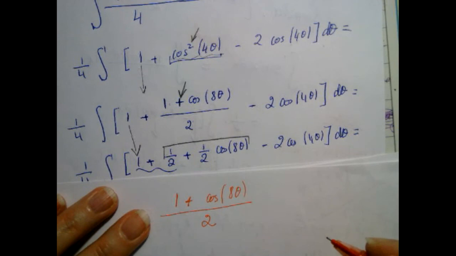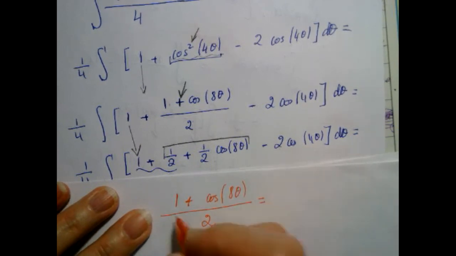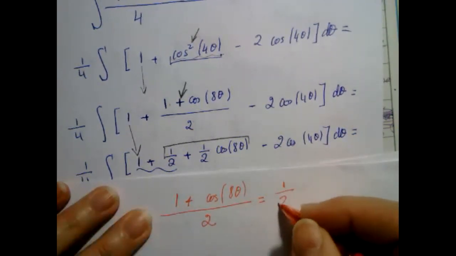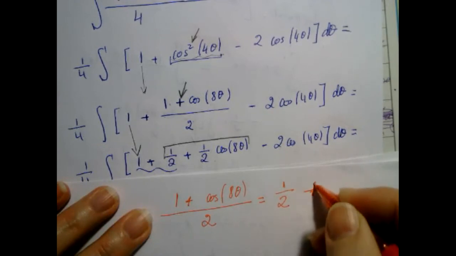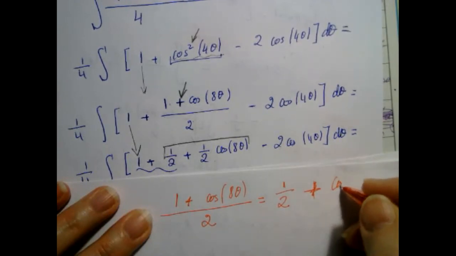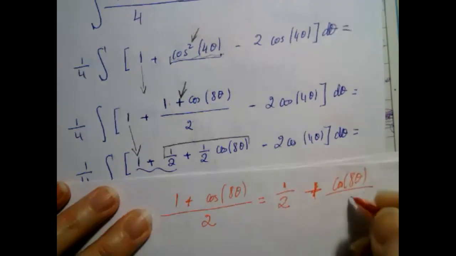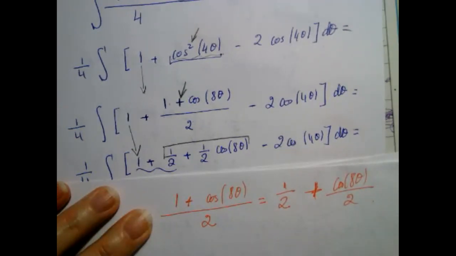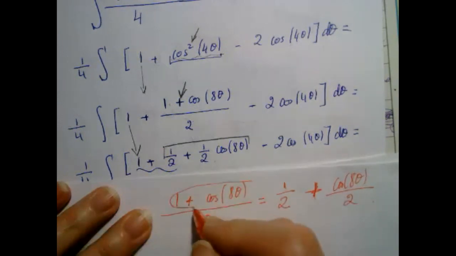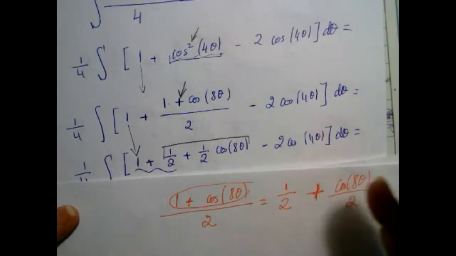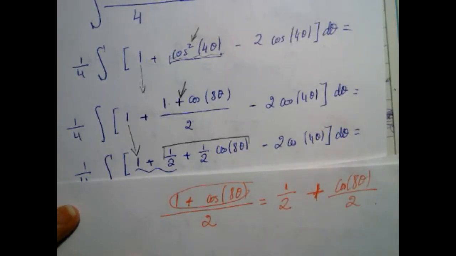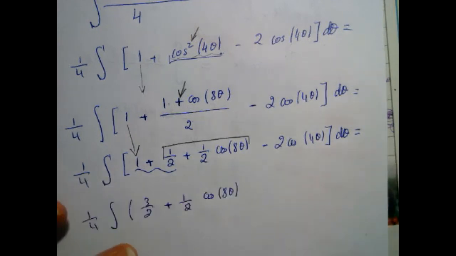Split the numerator: it's 1/2 plus cosine 8 theta over 2. Oh, okay, because that's a numerator, I can split the numerator. I get it now. You sure? Yes. Very good.